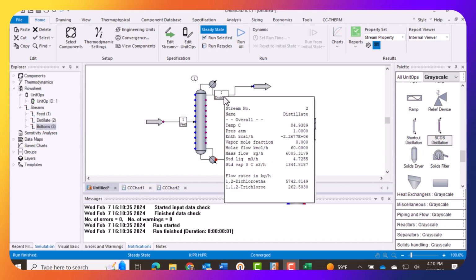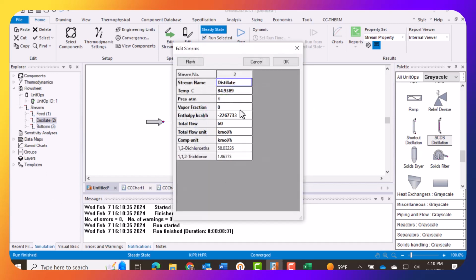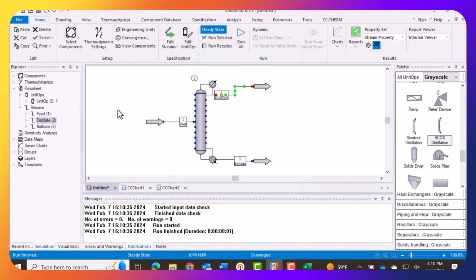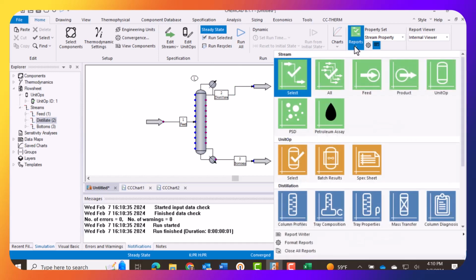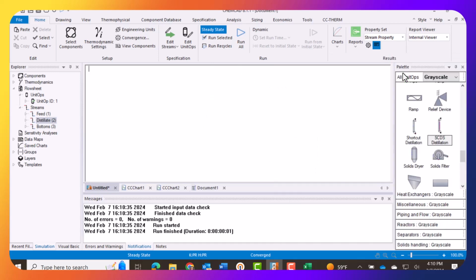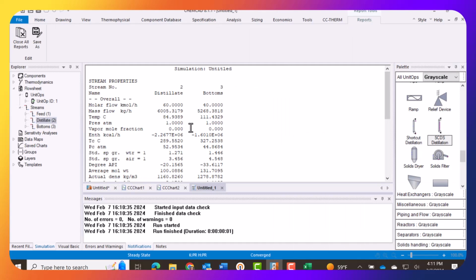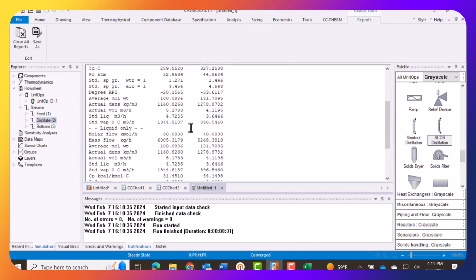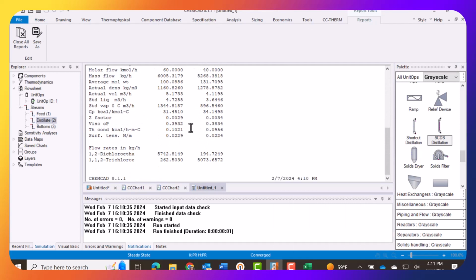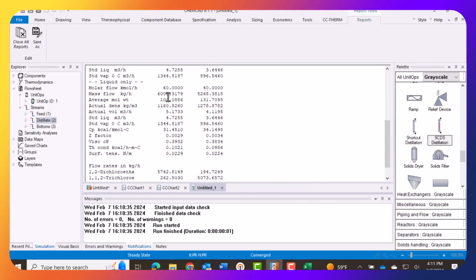I can click on a stream and look at it to get more information, or I can get more information by looking at reports. I can look at, say, the product streams. If I do that, here are the mass flow rates, and it has the molar flow rates.